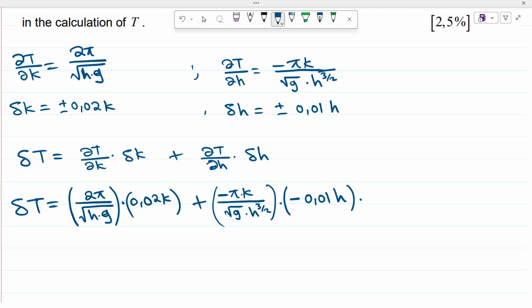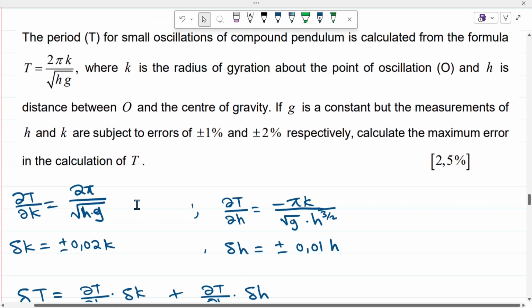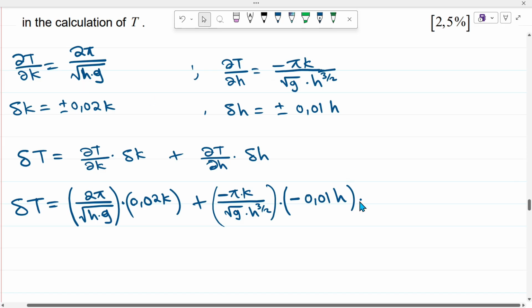Now we should take 2 pi k over root of hg as our common factor. Before we do that, let's multiply first. When we multiply by k, this k multiplies there, we'll get 2 pi k divided by root of hg.